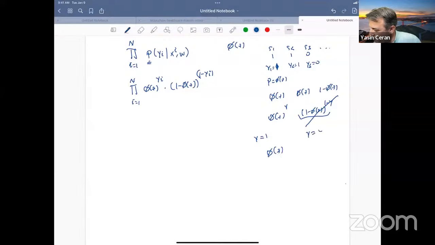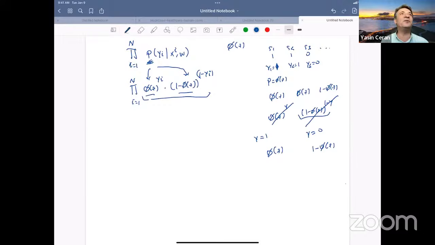If y is 0, then this term is going to disappear, and I will only have 1 minus phi of z. So I'm turning this p into either phi of z or 1 minus phi of z, depending on if the student passed or failed. Remember, this probability is phi of z if the student passed, 1 minus phi of z if the student failed. That's why I turned the probability into this format here.